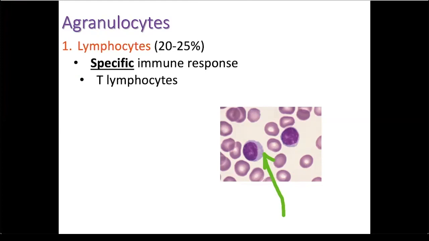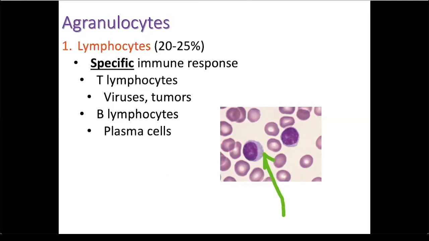There are 2 types of lymphocytes. T lymphocytes are involved in eliminating virus-infected cells and cancer cells or tumors, as well as foreign cells, such as in a transplanted organ. B lymphocytes, when they are activated, begin to divide, and most of them give rise to plasma cells, which release antibodies.